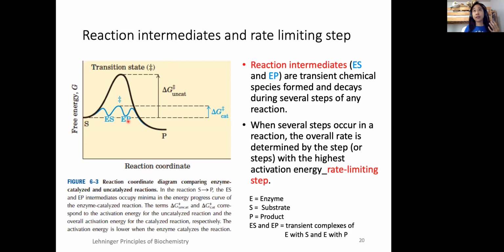In a biochemical reaction, you can have many intermediates and many steps. The step that requires the highest activation energy, the bump with the biggest hill, we call the rate limiting step. In this picture, you have three peaks, three hills, and this one has the highest activation energy. We call this step the rate limiting step.